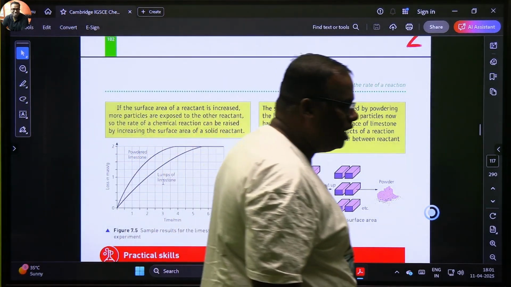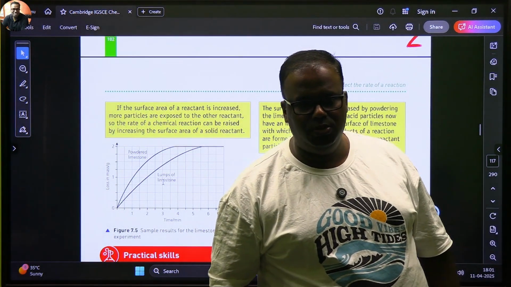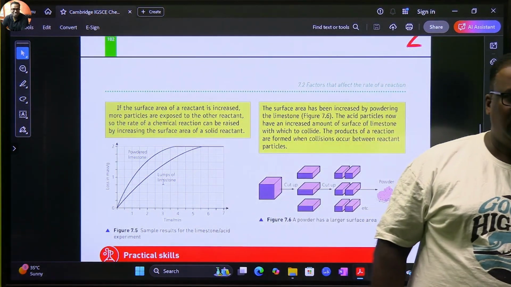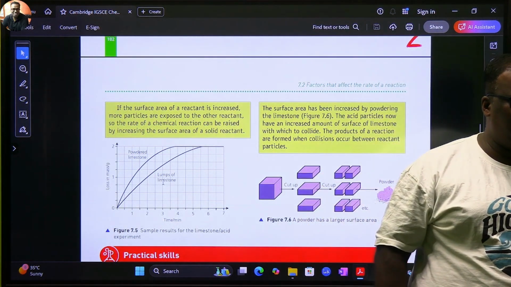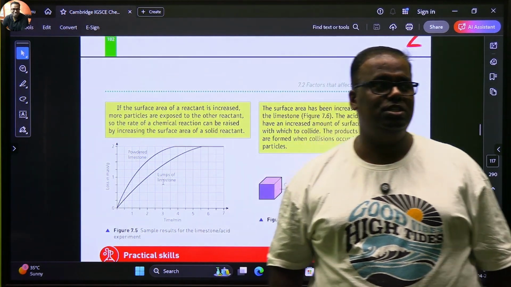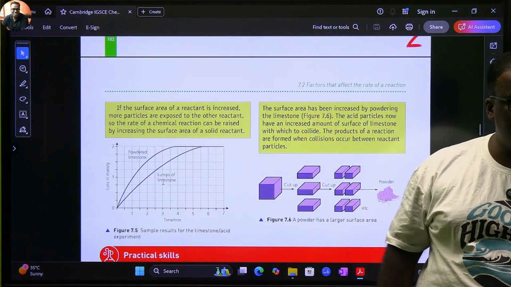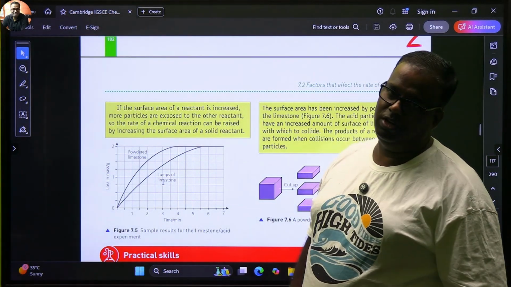Now go back to the other parameter that we studied. By increasing surface area, what did I do? I brought more particles. If particles are more, obviously the collision theory gets supported. Don't you agree? More will be the number of collisions, and if more is the number of collisions, the chances of having successful collisions are also very high. And every successful collision gives me a chemical reaction.